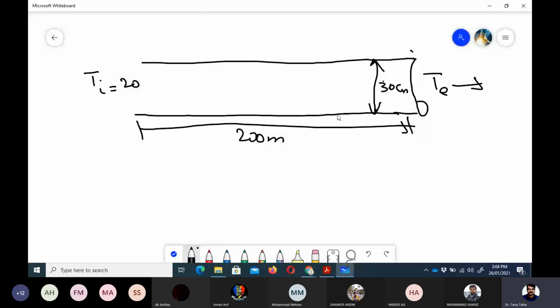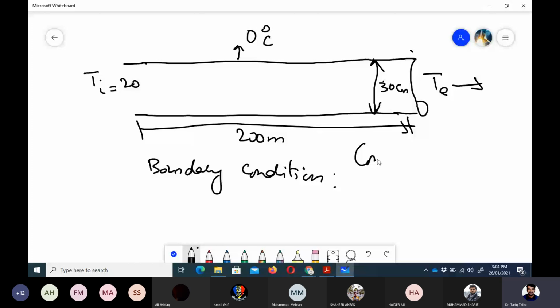We have got 0 degree at this pipe surface, and the boundary condition for this case is, because they have said in the data that it can be taken as 0 degree, so it is the constant surface temperature boundary condition. Right.